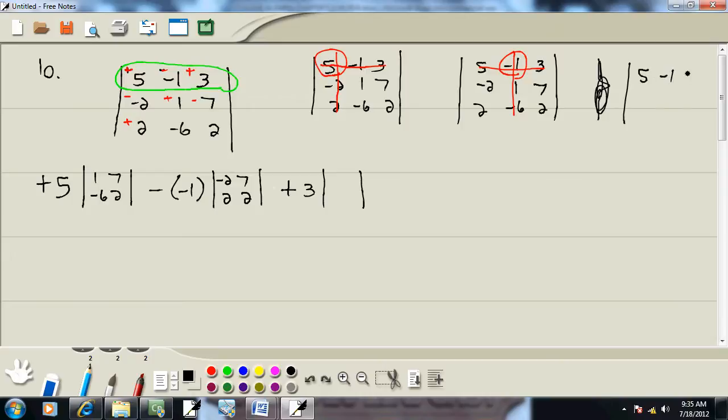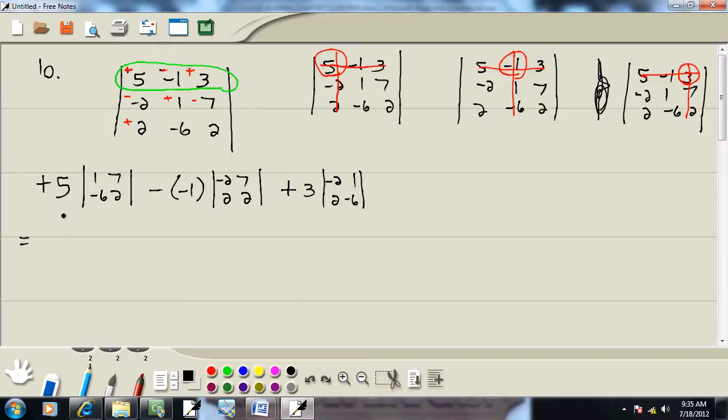Okay, 5, -1, 3, -2, 1, 7, 2, -6, 2. The last one working with is the 3. So again, you cross out the row and column it's in, and what isn't crossed out is what goes right here. -2, 1, 2, -6.